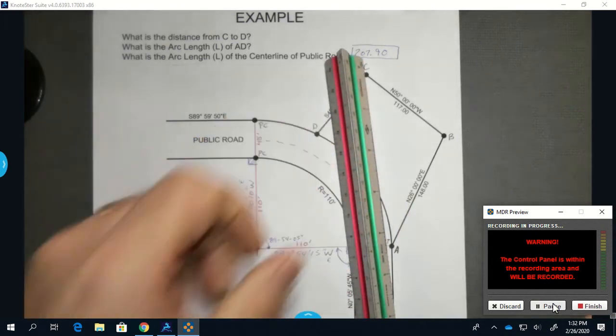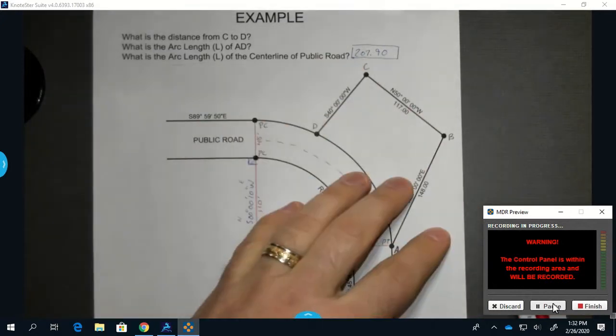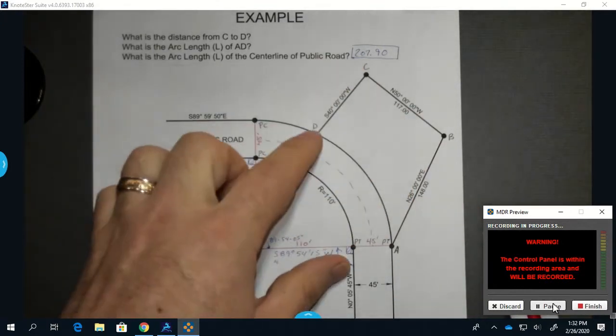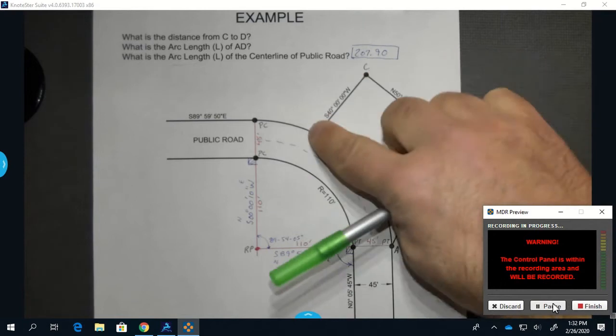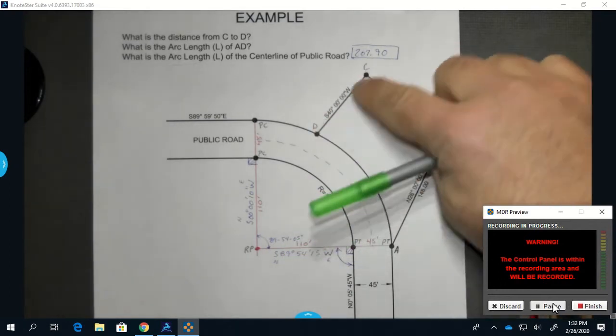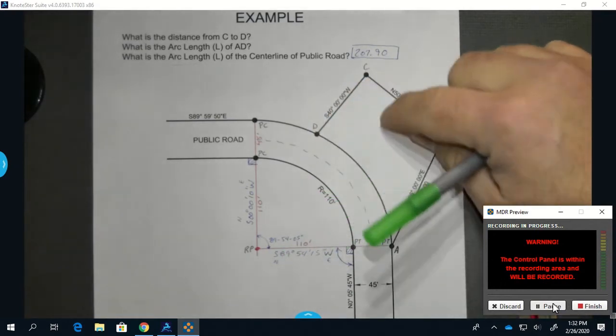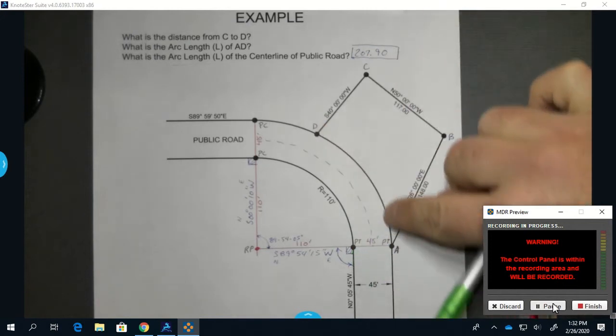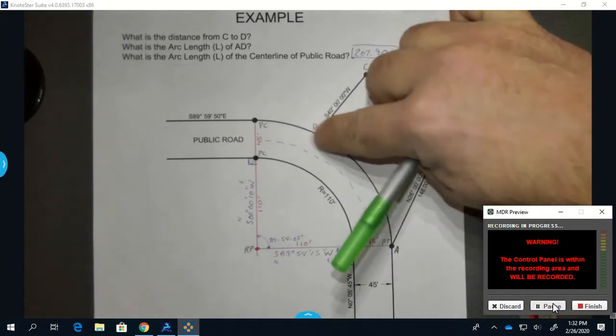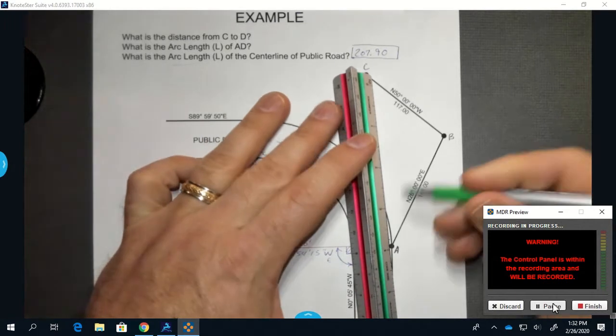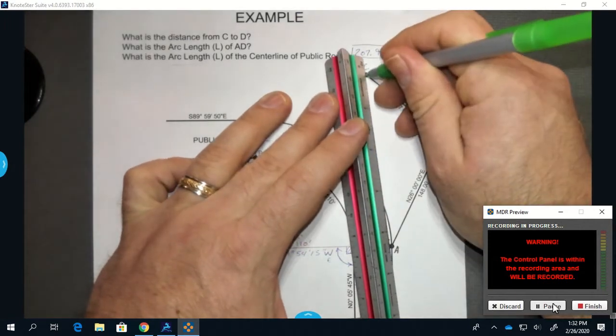I'm going to break this down into triangles now, and we're going to solve for those triangles to get our parts. Eventually we're going to be able to solve for a triangle that gives us this length and also the information to be able to solve for this curve. So I'm going to break this down into triangles to be able to solve it the way I want to solve it.